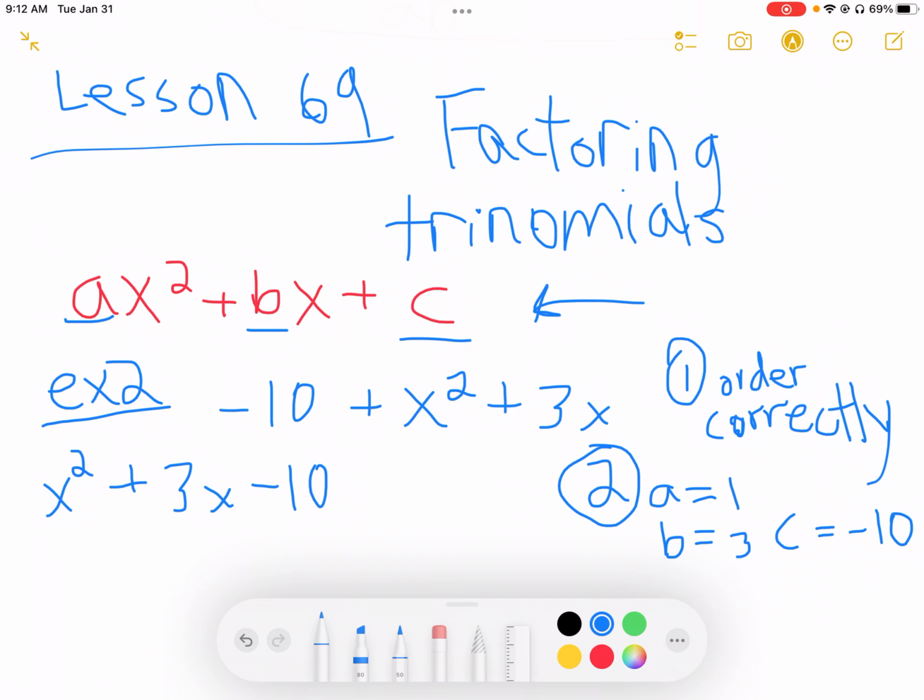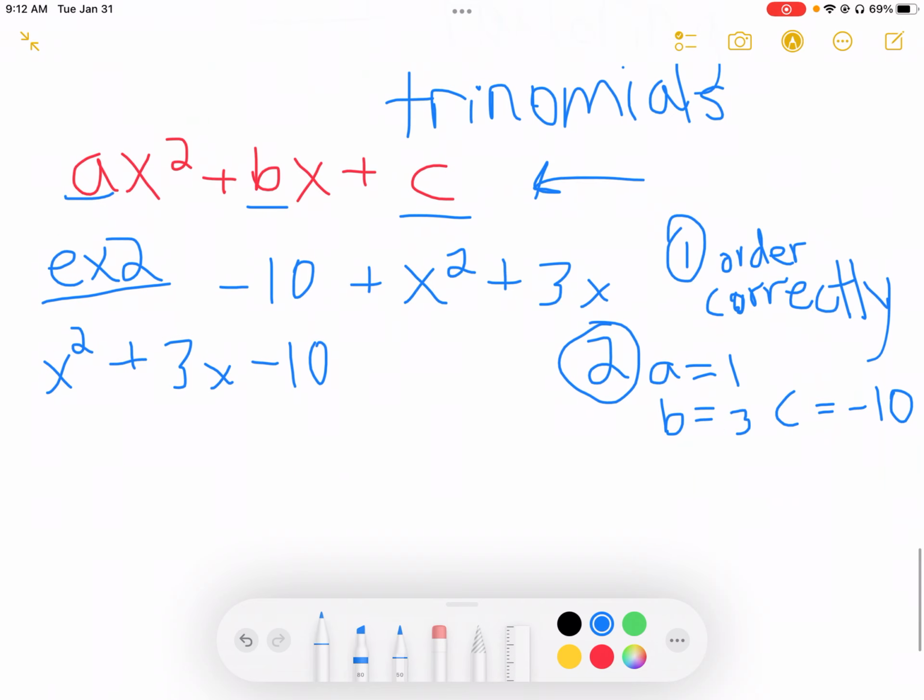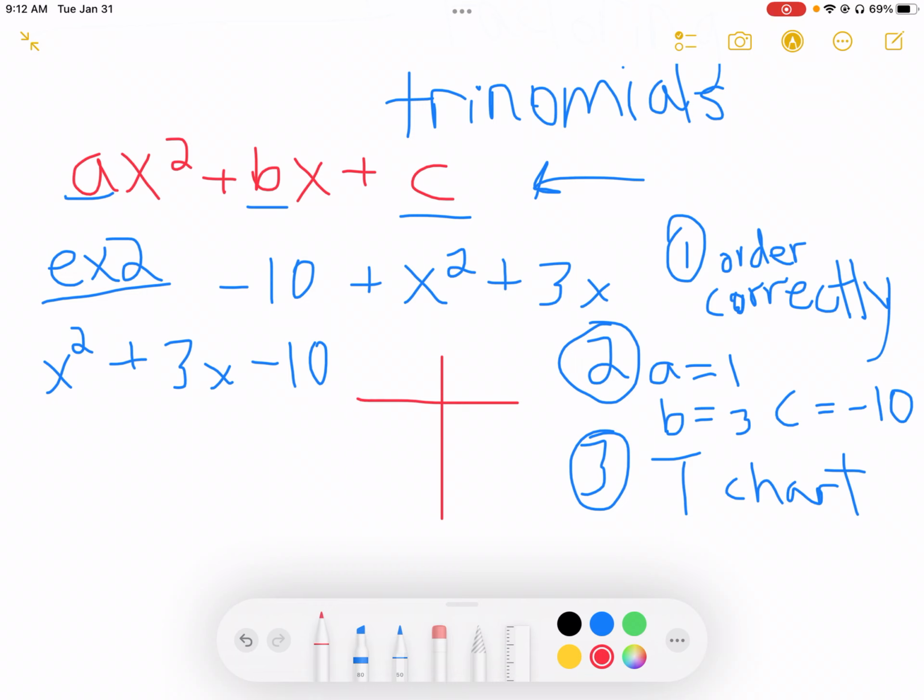So now that I identified those, I want to go ahead and make my t-chart. Let's do it in red here so it stands out a little bit. So the t-chart: on one side is a times c, and over here is just the b term.